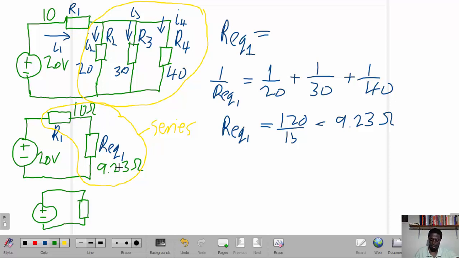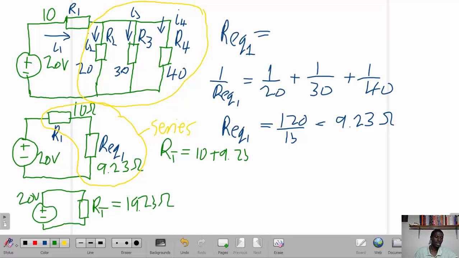So the total resistance, which in series is RT, is simply 10 plus our 9.23, which gives us 19.23 ohms.